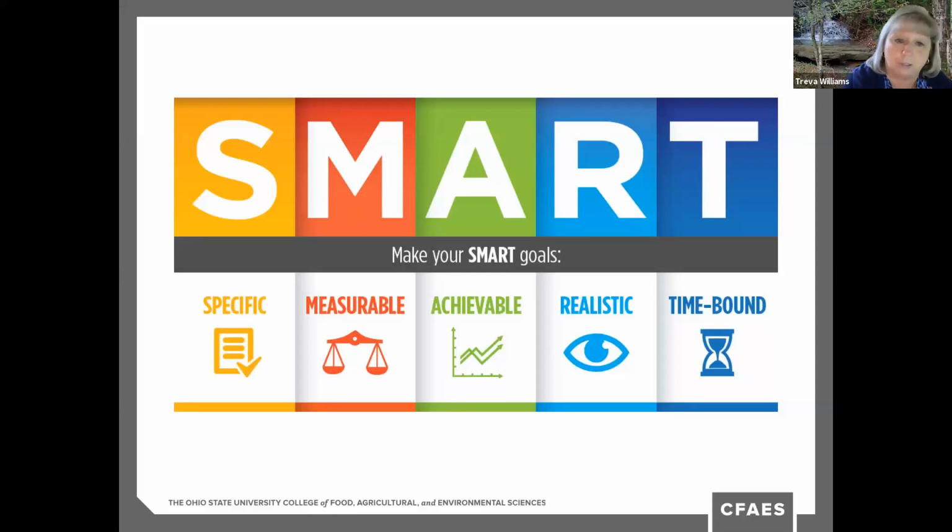So make my measurable goal say 80% or 90% of people are going to learn something. And then what about how many of them are actually going to plan to use what I share with them? So that's another way that we can make a goal very easily measurable, but then at the same time, we're going to be able to report that information also when we enter that info into VITA.